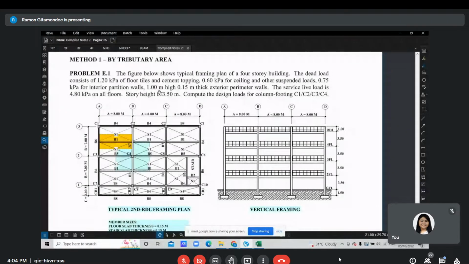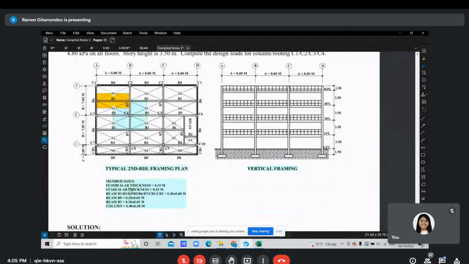Then 1 meter high, 0.15 meter thick exterior perimeter walls, around the perimeter of the building. Then service live load is 4.8 kPa on all floors. Story height is 3.5 meters. So let's compute the design load for column footing C1, C2, C3, and C4.